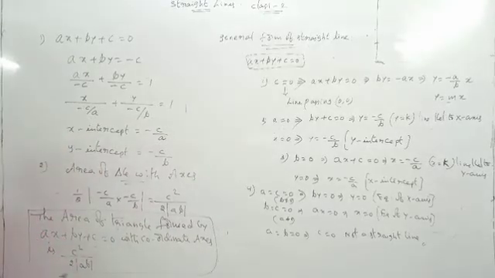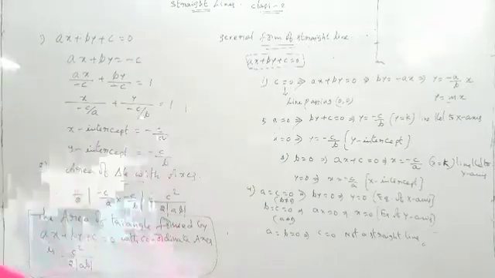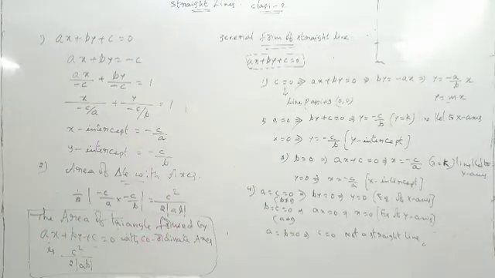This is one of the important points. You see here, this point also: c square by 2 mod ab.